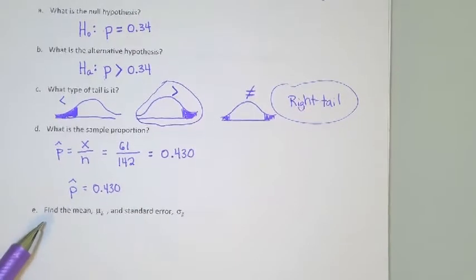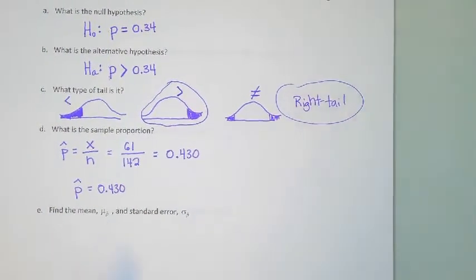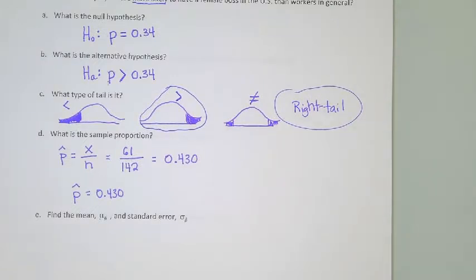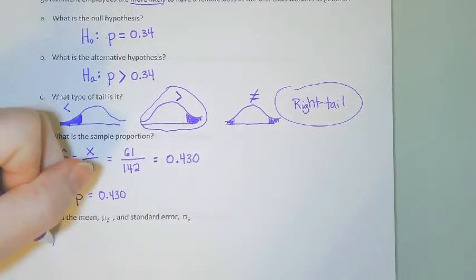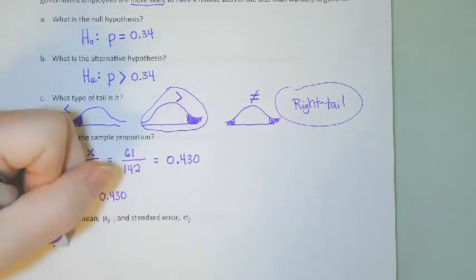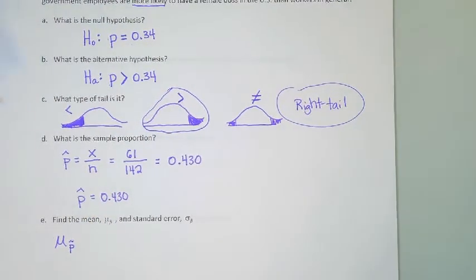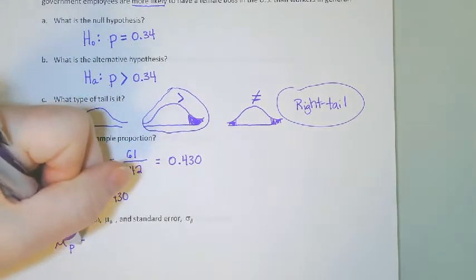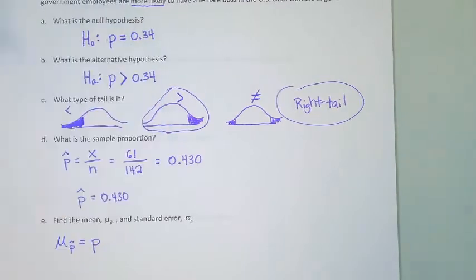Part E, it says find the mean of the sampling distribution and the sample error. So you want to remember that the mean of a sampling distribution of sample proportions is always going to be equal to the population proportion.